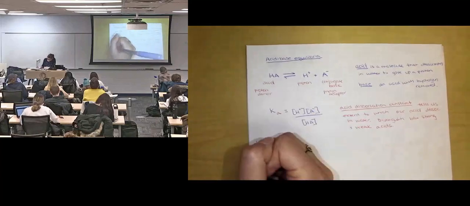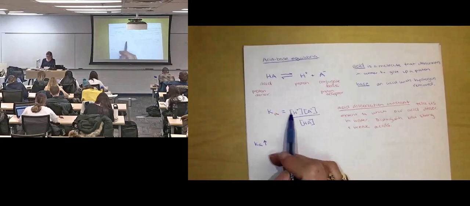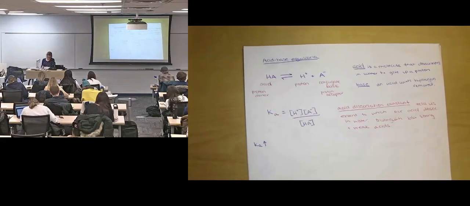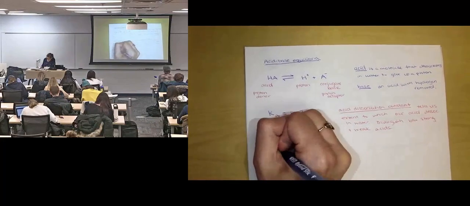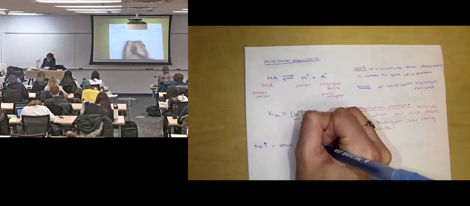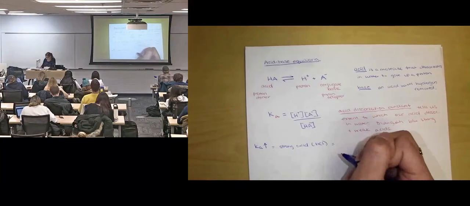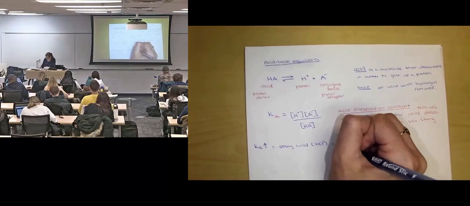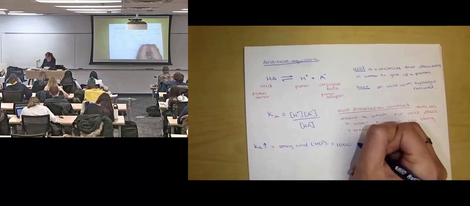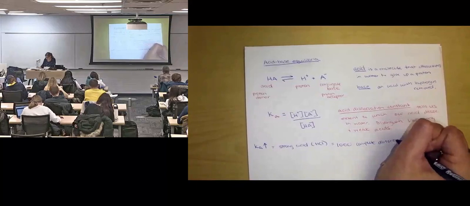So if K sub A is a very high number, okay, and the acid has dissociated nearly completely into protons and conjugate base, we say that this is a strong acid, such as hydrochloric acid or HCl. It has an acid dissociation constant of approximately 1,000, and so we think of this as complete or nearly complete dissociation.